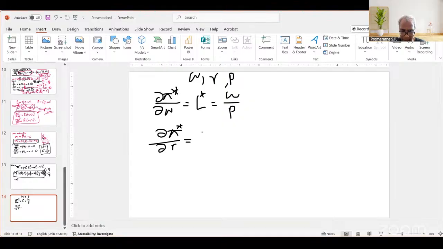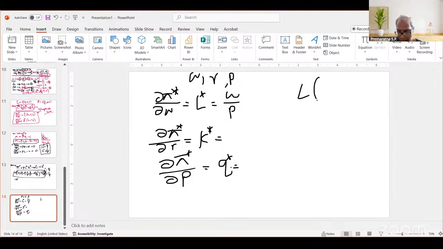With respect to R, you get the capital input demand function. With respect to P, you get the amount of production or supply function. Those are functions of all of them, W, R, and P.